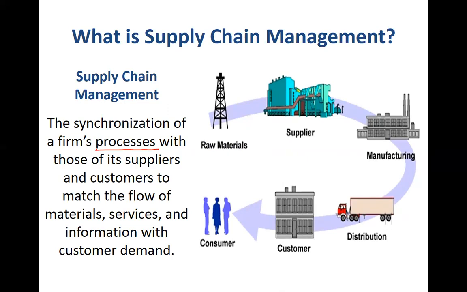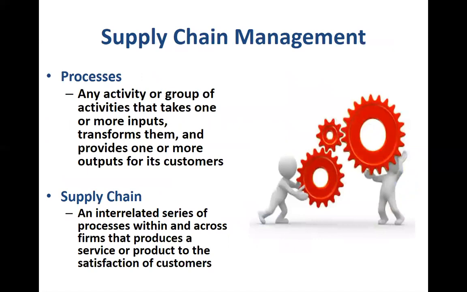The idea is that it's not just of a single firm, but also that of its suppliers and customers. And there is an objective for these processes, and that is to match the flow of material, services, and information with customer demand.